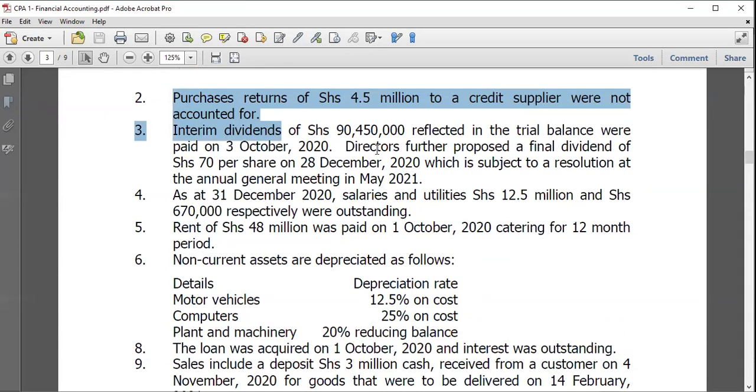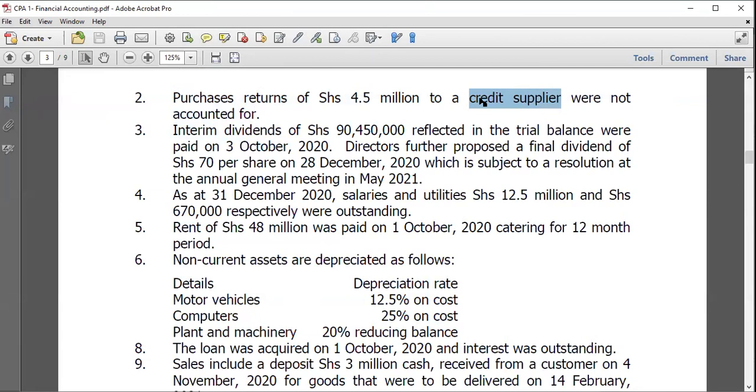Now, when you return purchases to a credit supplier, it means that they will affect what we call your trade payable.